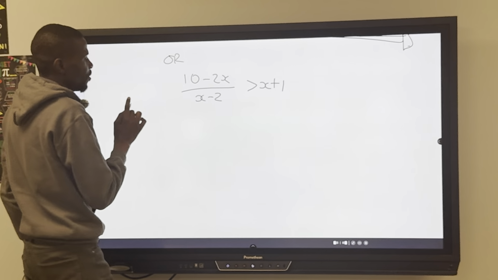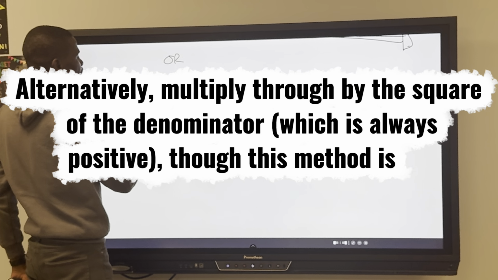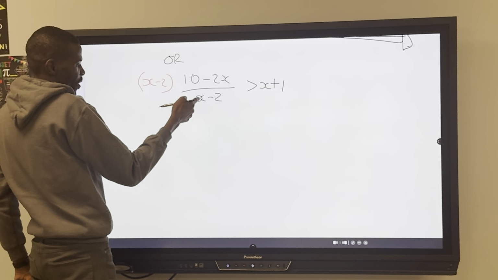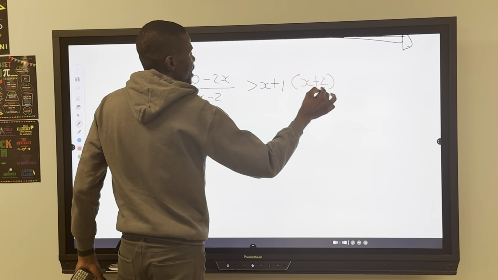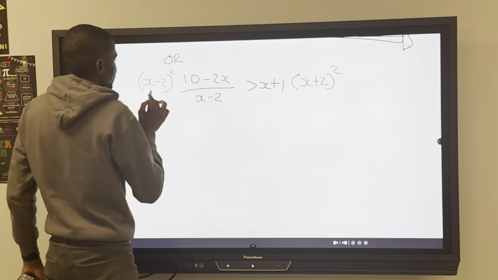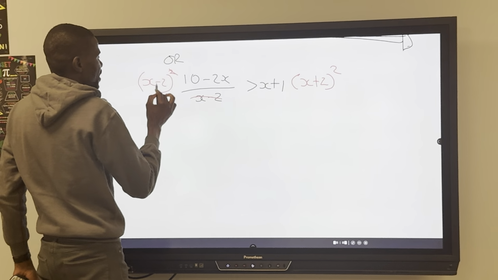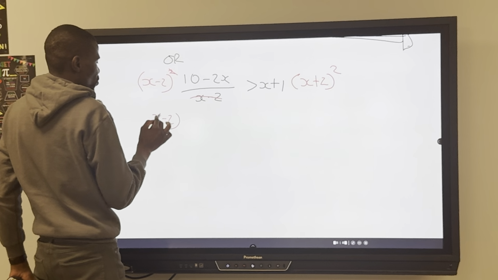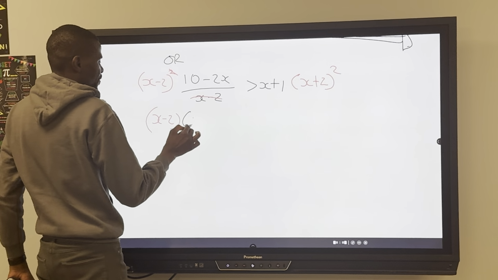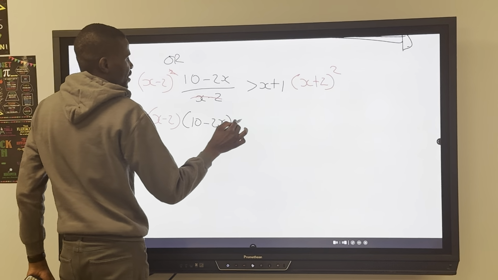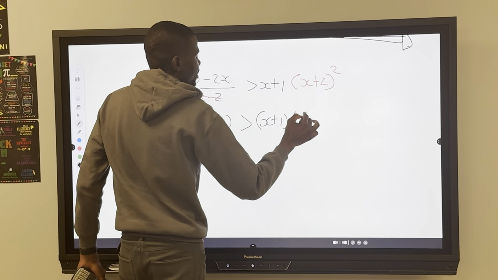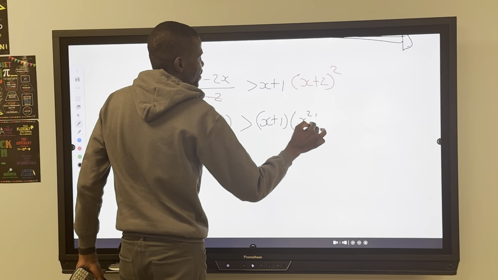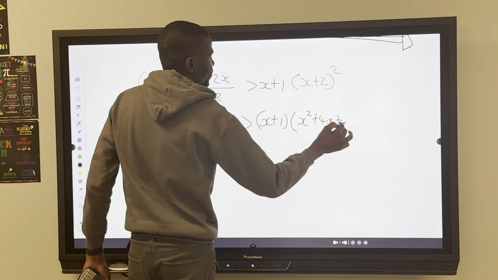So if you want, you're going to multiply both sides by this one here squared. I'm not going to do it, I just want to show you. Squared, such that this and that will cancel out. So we have x minus 2, then we have 10 minus 2x is greater than x plus 1 times x squared plus 4x plus 4.